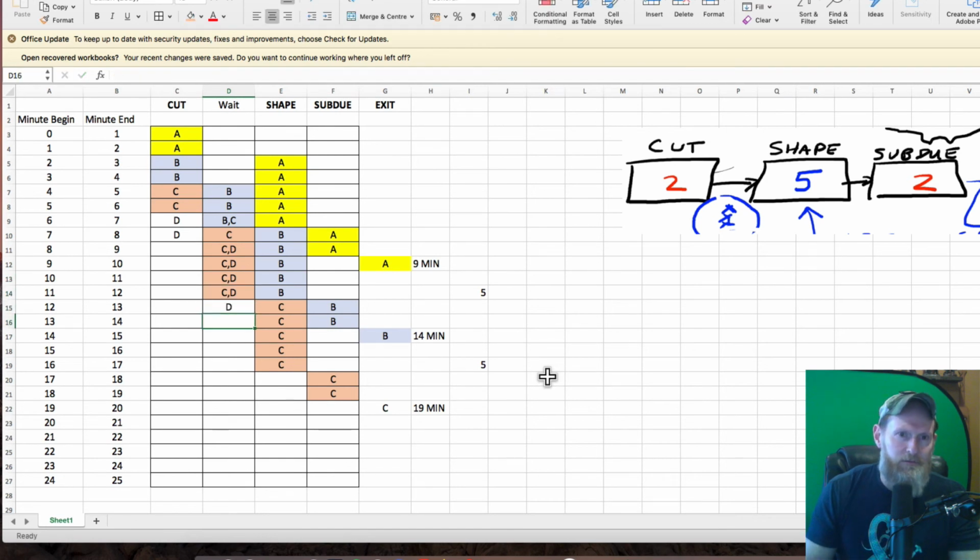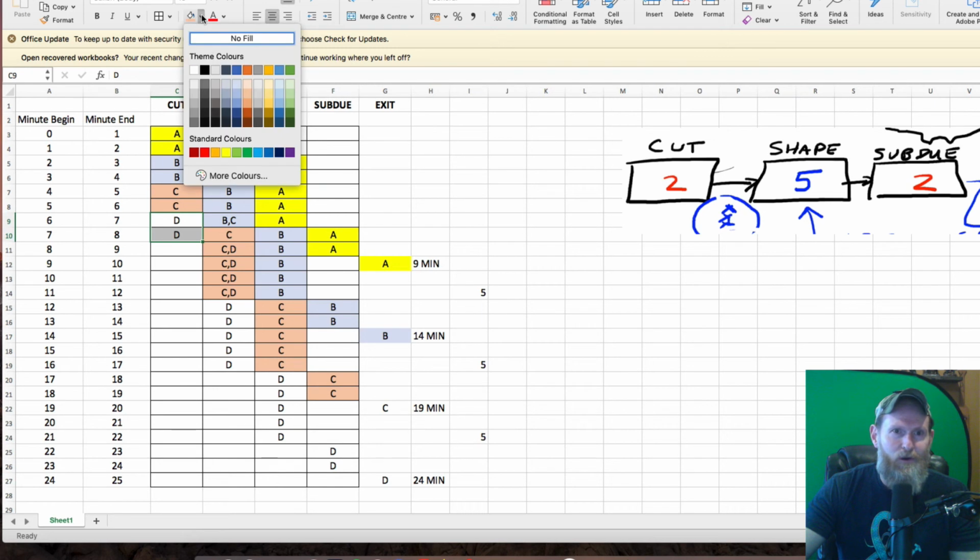But then D would wait even longer until that shape is available, and then exit the system down here at the beginning of the 24th minute. And again, see that 5-minute separation. So look how long D is spending in the station. Waiting. 1, 2, 3, 4, 5, 6, 7, 8, 9, compared to the 5 that C was spending, or 6. So it doesn't get any better, is the bottom line.